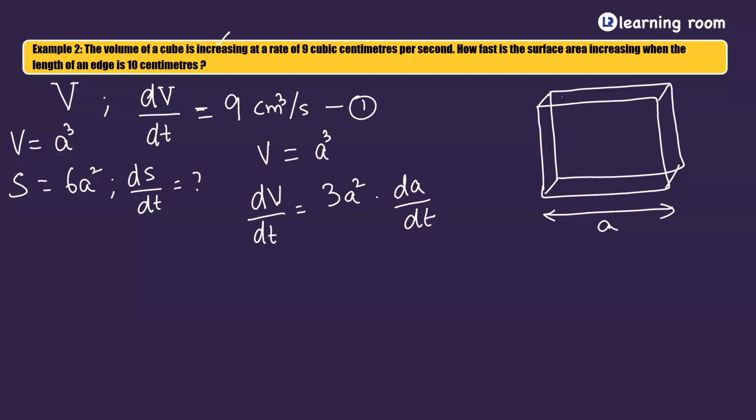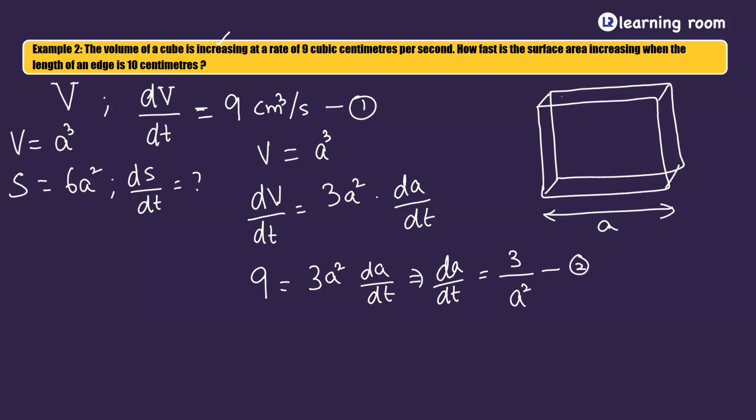Take this 9 and put it here. 9 will be equal to 3a square into dA by dt. From this I can conclude that dA by dt is equal to 9 divided by 3, which is 3 divided by a square. Let me call this equation 2. The reason why they gave this is to find dA by dt.